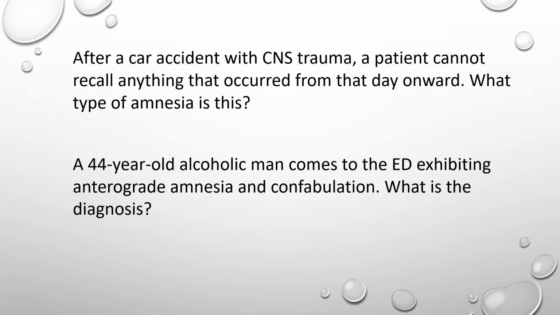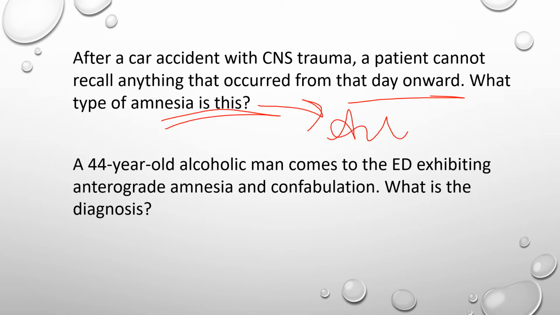Now, in this case, we see that after a car accident with CNS trauma, a patient cannot recall anything that occurred from that day onward. What type of amnesia is this? This is suggestive of anterograde amnesia that could be due to lesion in the hippocampus.